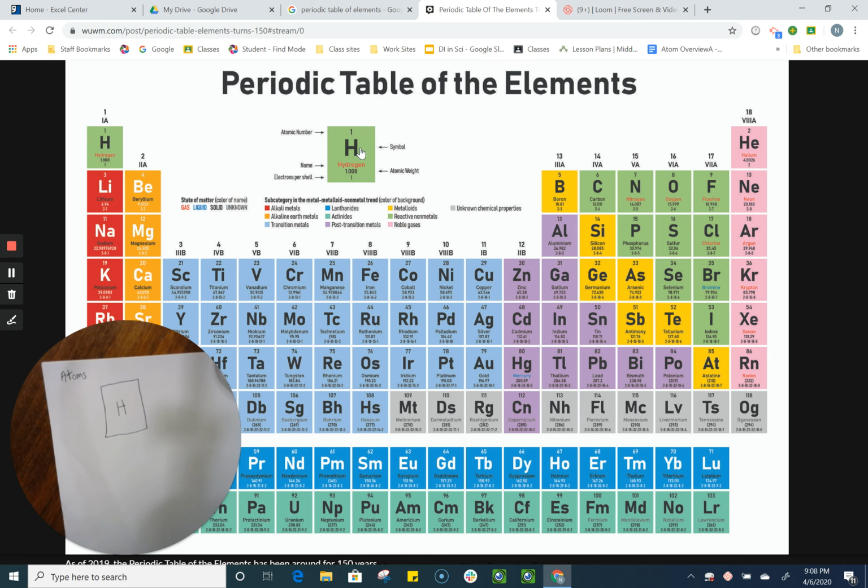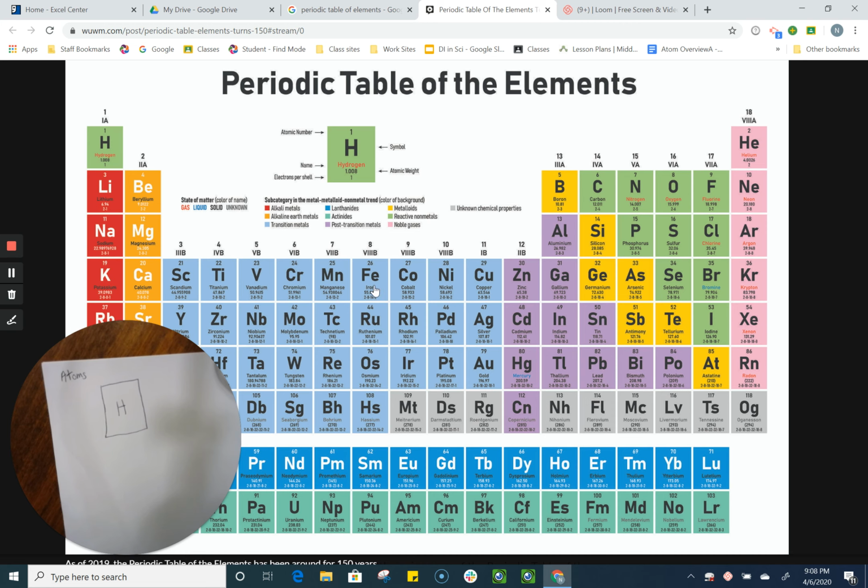Sometimes the symbols make sense because the symbol is the first letter of the name of the element, but some of our elements' symbols are taken from their Latin names, like copper is actually cuprum. That's why it's a Cu.